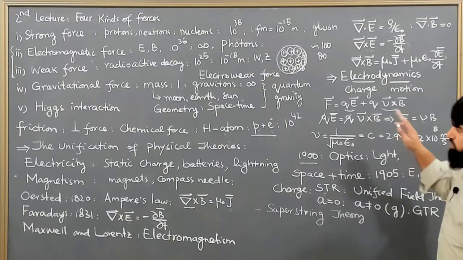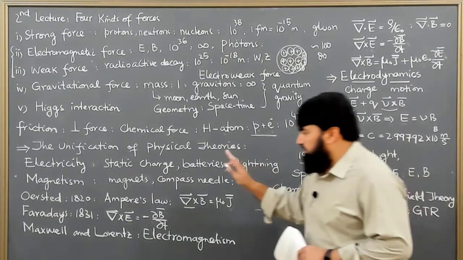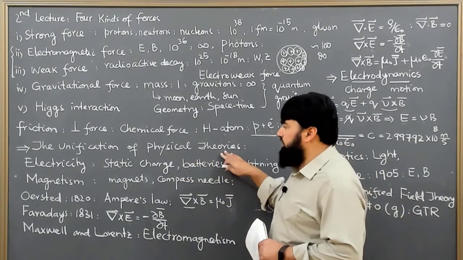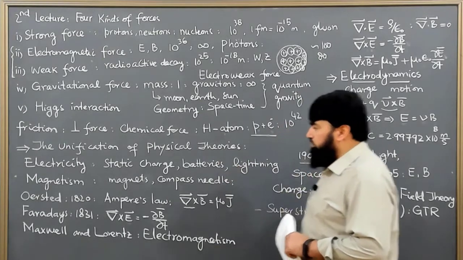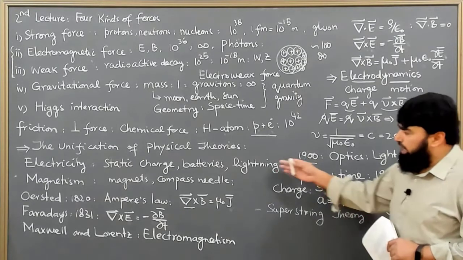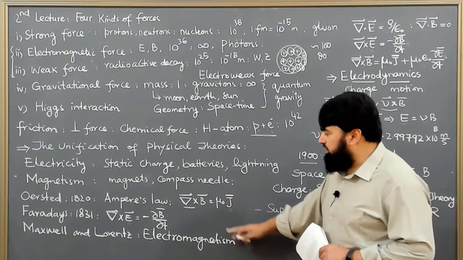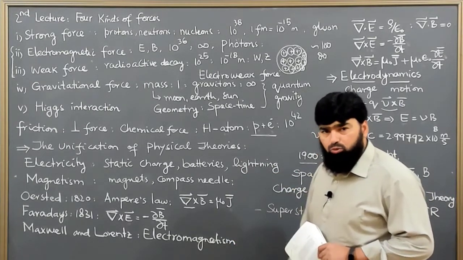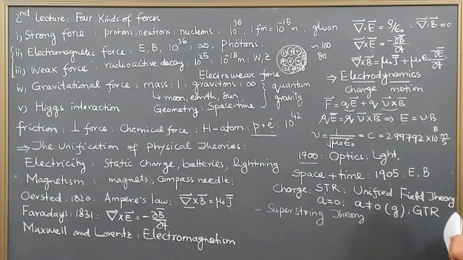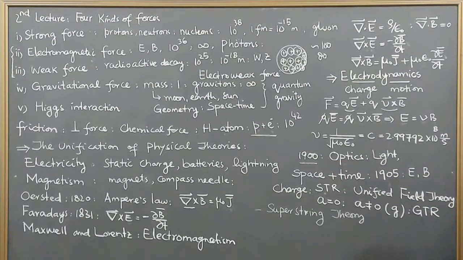So this was all the introduction regarding the four kinds of forces, and the unification of the physical theories: how electrodynamics came into being from electricity and magnetism, which were converted into electromagnetism by Faraday, and then Maxwell and Lorentz did their formulation to convert things into electrodynamics, and later with their work optics was also included.